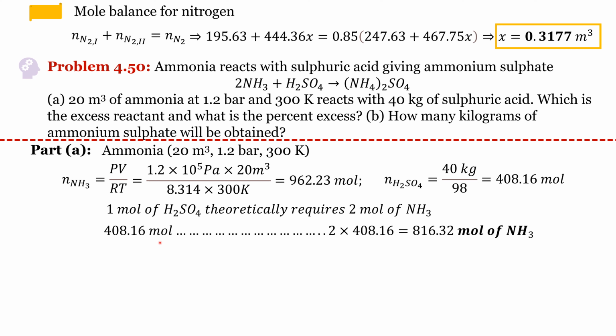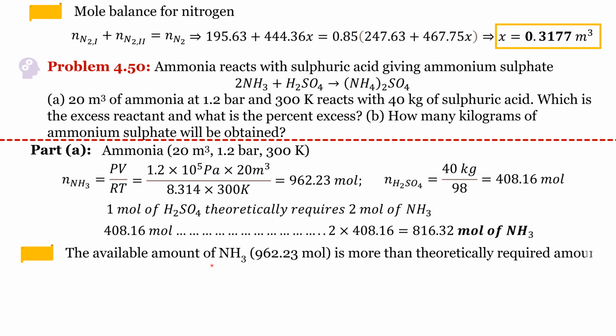So corresponding to these moles, 816.32 moles of NH3 will be required, and the available amount of NH3 is 962.23, which is more. So the available amount of NH3 is more than theoretically required amount of NH3. So here ammonia is present in excess and sulfuric acid is the limiting reagent.